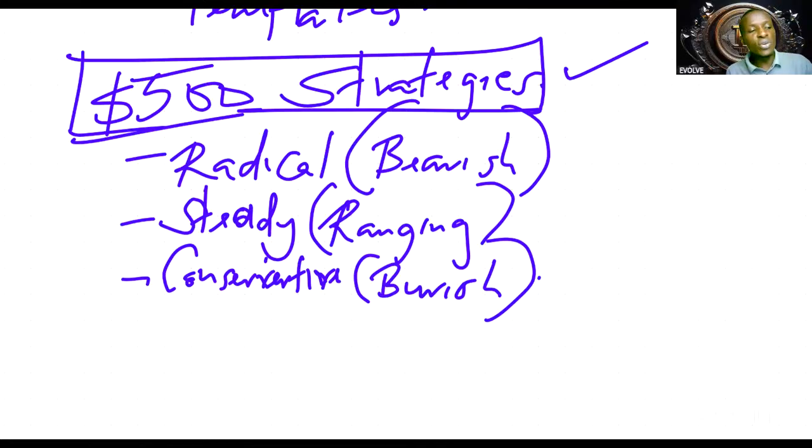Why I'm telling you this: the settings that are going to work for you when the market is bearish may not work for you when the market is bullish. So you might miss out on profit simply because you are using a bearish strategy in the bullish market.